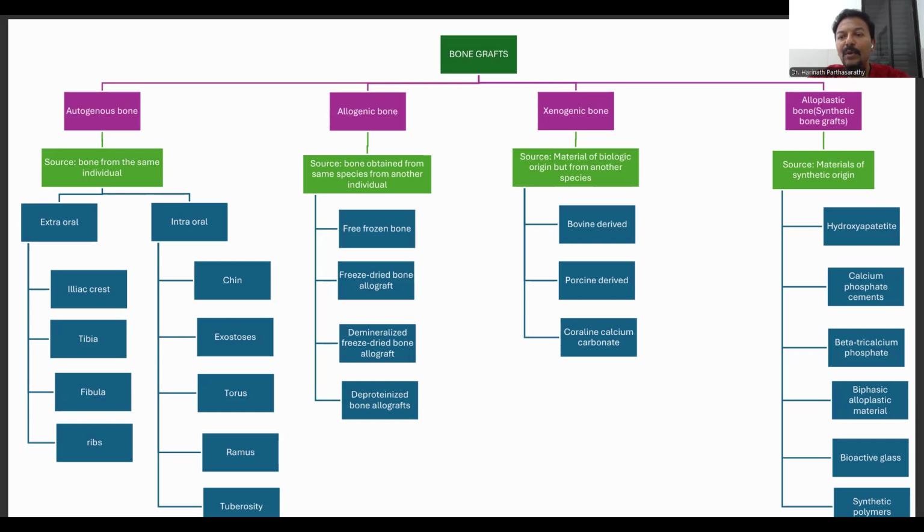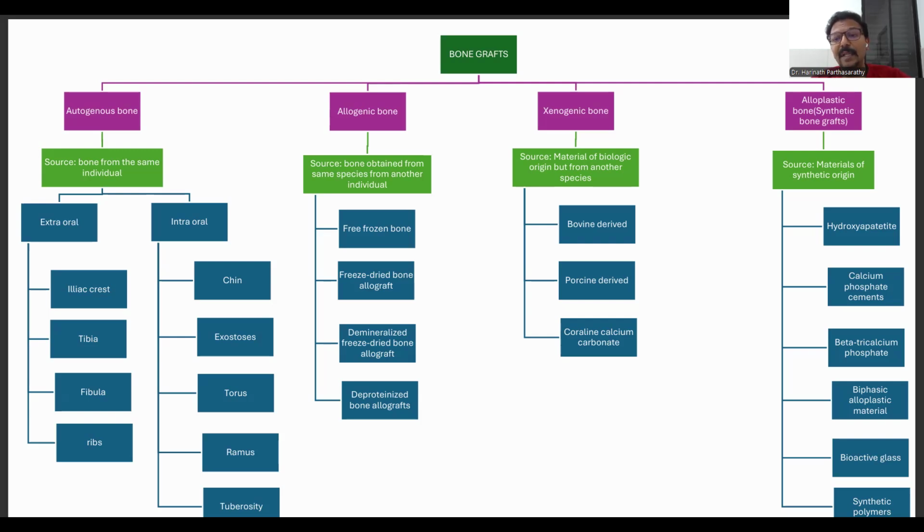You have your biphasic alloplastic material, which means when you combine a hydroxyapatite and a beta TCP, you call it a biphasic material. They are normally available in the ratio of 30 to 70 and 40 to 60.